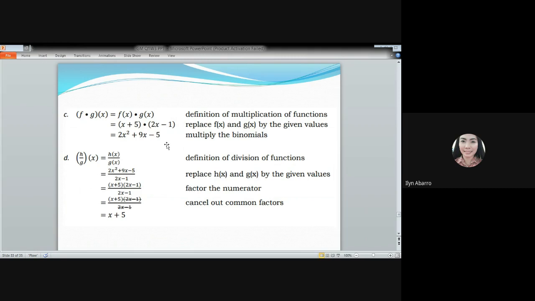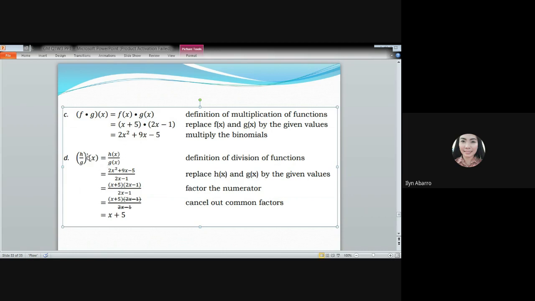And then, 5 times 2x is 10x. And then, 5 times negative 1 is negative 5. If you're going to combine the similar terms, negative x and positive 10x, yung nasa gitna, the answer is positive 9x. Okay?